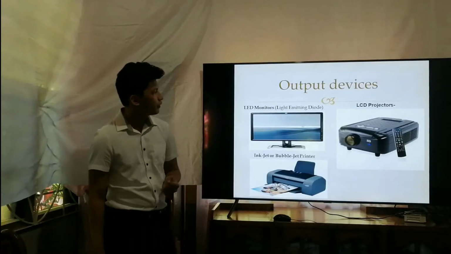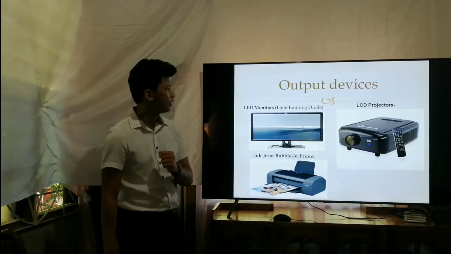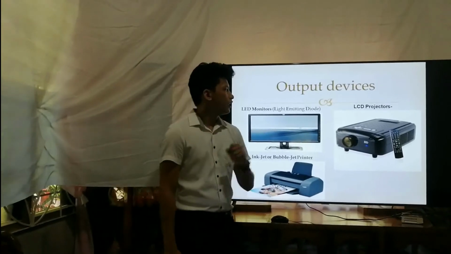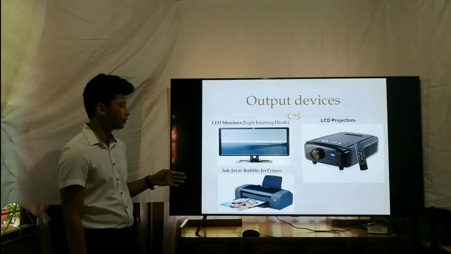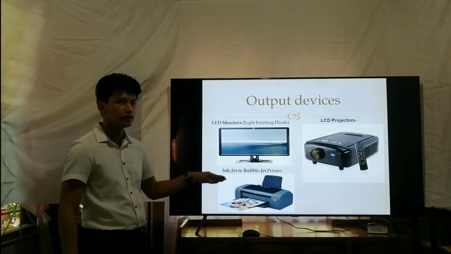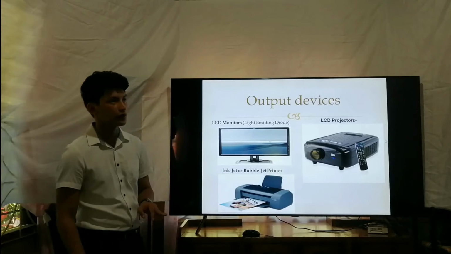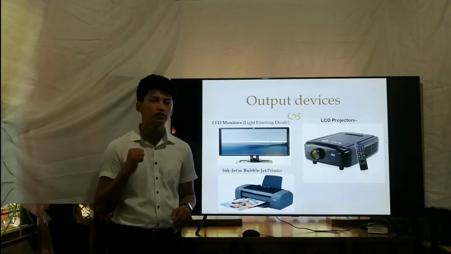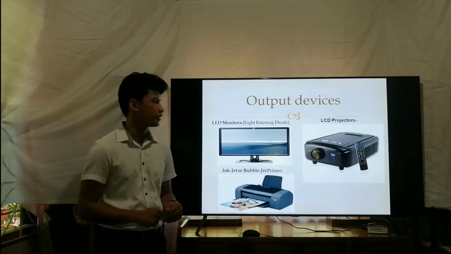So we have here the output devices: LED monitors, or light emitting diode monitors, and LCD projectors. We also have inkjet or bubble jet printers. This is not the only kind of printer. We also have laser printers or continuous ink printers.